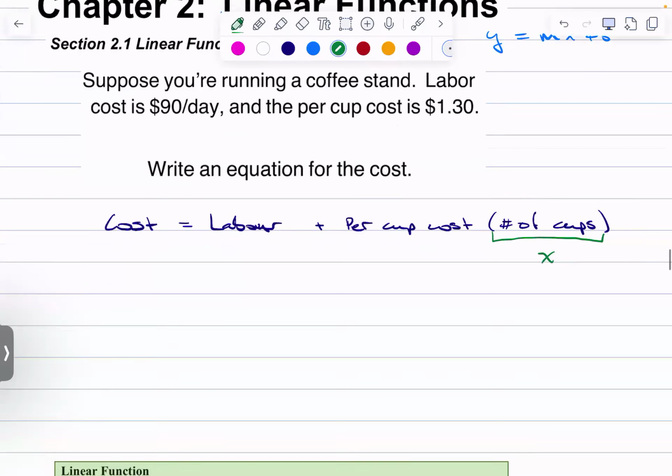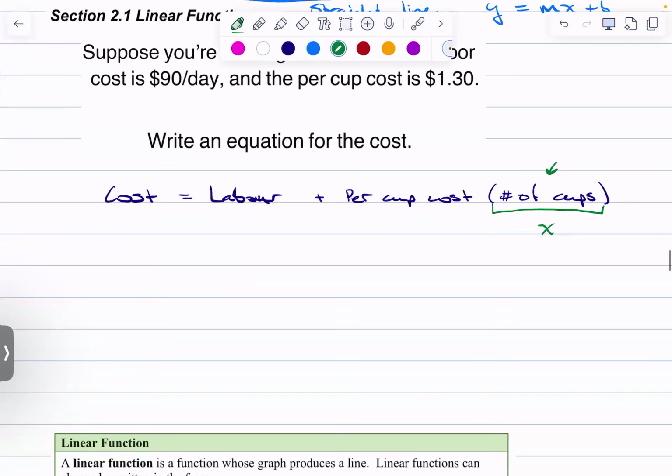The number of cups is the input, which means that for the cost, we could use C of X for the cost of X cups, which is the output.